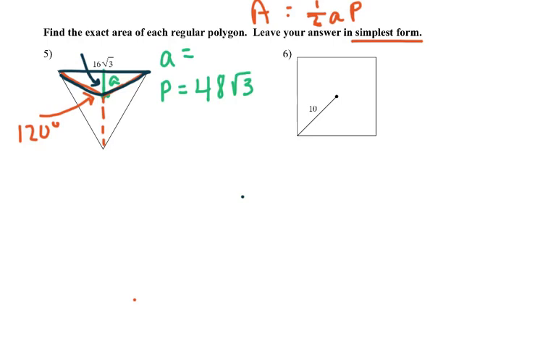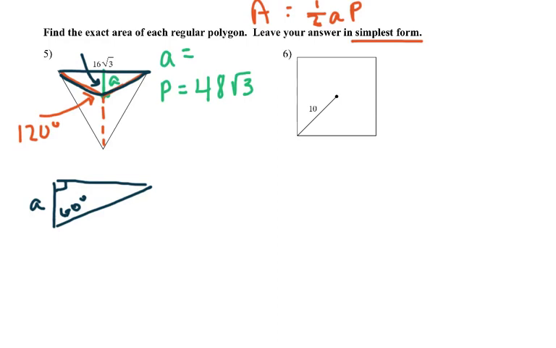So I'm going to redraw the right triangle with the apothem larger. So I've got the apothem here. This angle is now 90, because an apothem is always perpendicular to the side. And this angle right here is 60. So always draw that right triangle because it's going to make things easier.